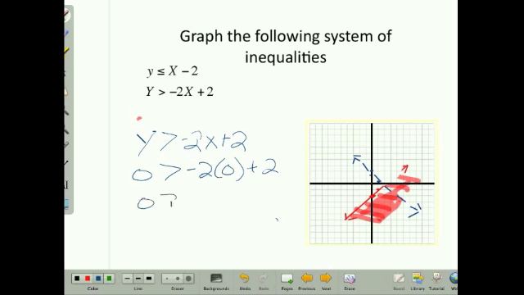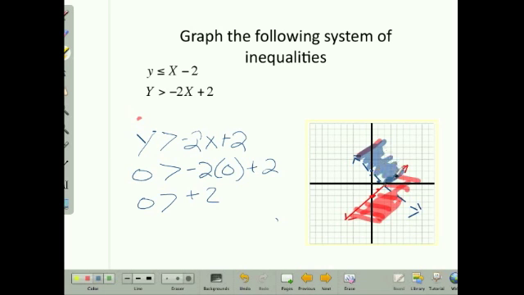Is 0 greater than positive 2? The answer to that is no, it's not. Because my point is here and it resulted in a false statement, I'm going to shade everything on this top side. I'm going to shade it blue to make it consistent.